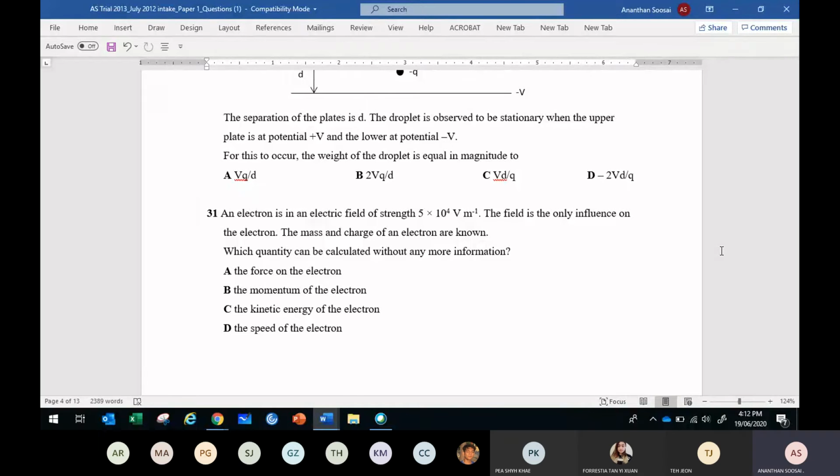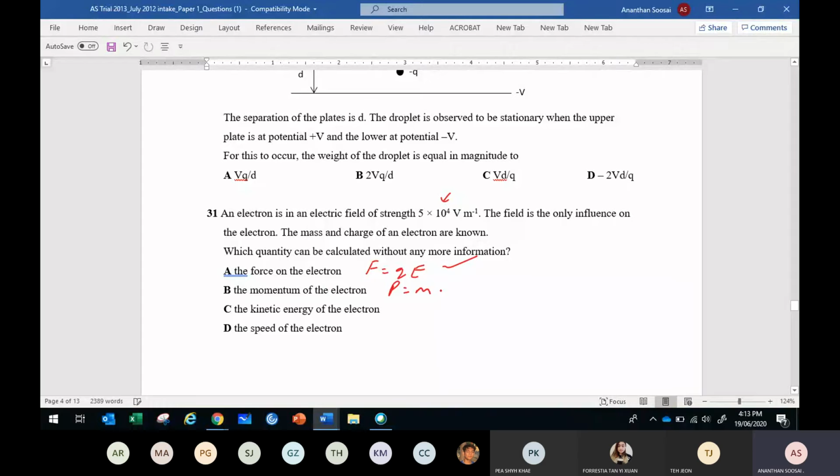Okay, so I got answer A. Two of you said A. Okay, all of you said A, so I think shouldn't be a problem. So force is the one that can be calculated. Force is F equals QE. E and Q we know, so force can be calculated, of course.